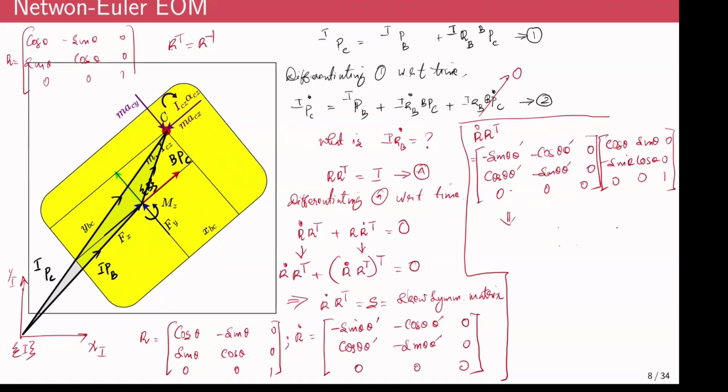Ultimately you will end up with something like this: 0, minus theta dot, 0, theta dot, 0, 0, 0, 0, 0. And this is your skew-symmetric matrix. This is how that skew-symmetric matrix would look.